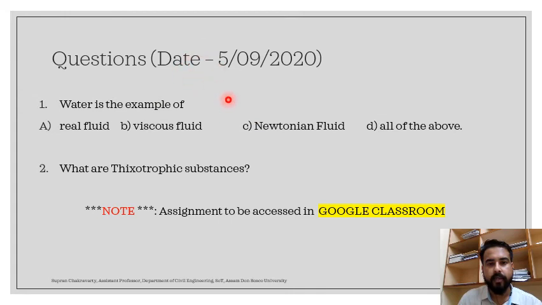Today is the 5th, the first class, day 1. There are two questions that I've given. Water is an example of what kind of fluid? Whether it's a real fluid, a viscous fluid, a Newtonian fluid, or all of the above. Second question is, what are thixotropic substances?